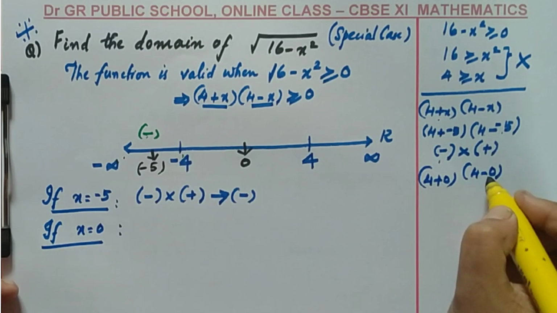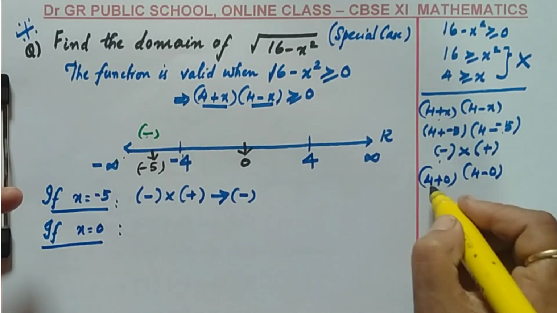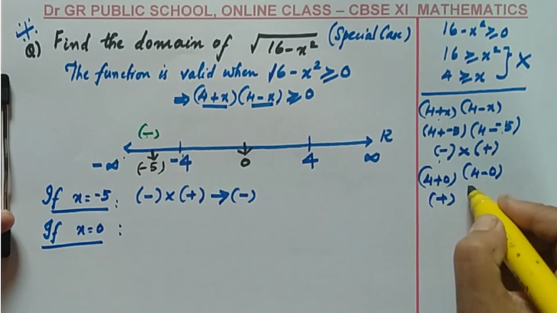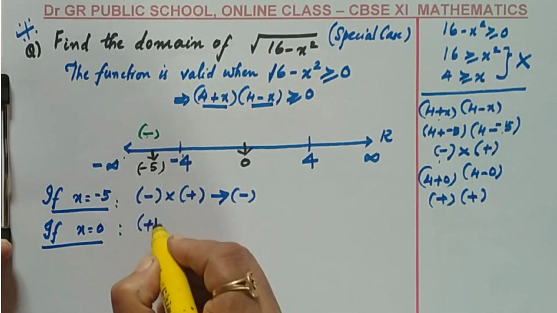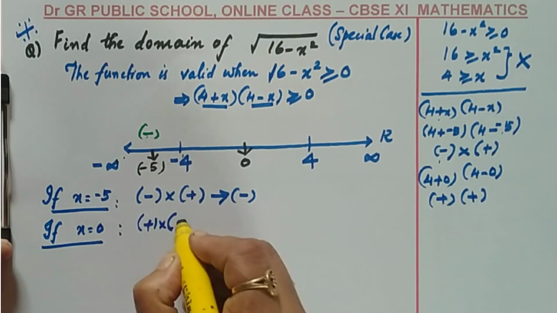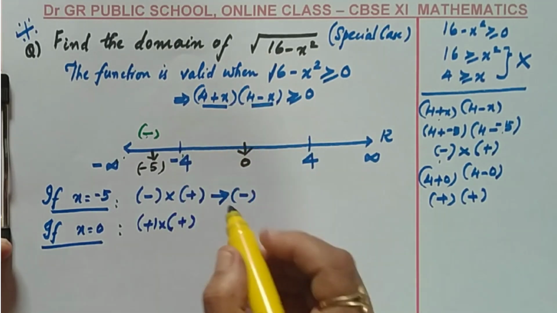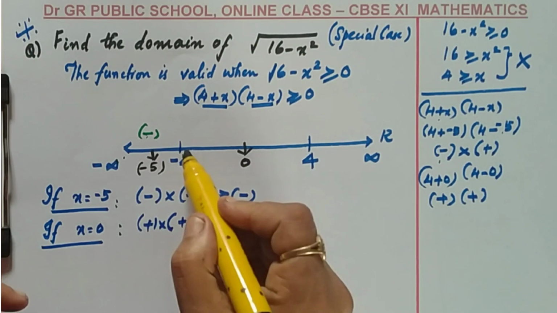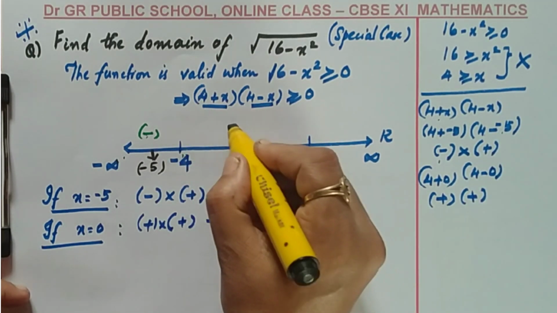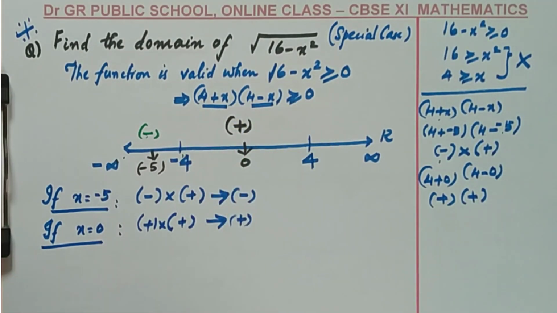Don't do the calculation in writing; you can do it mentally. 4 plus 0 is positive, 4 minus 0 is also positive. So the net sign will be positive into positive, which gives positive. So in the interval minus 4 to 4, the function takes positive values.